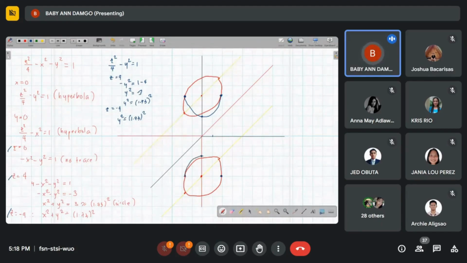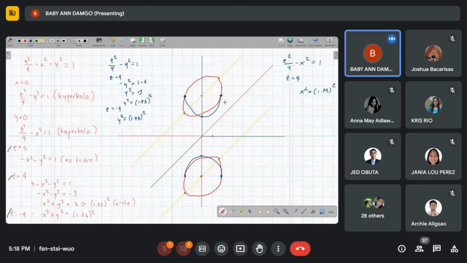And then we can create for x: z squared over 4 minus x squared is 1. We let z equal to 4. Same result but in terms of x only. So x squared is equal to 1.73 squared.